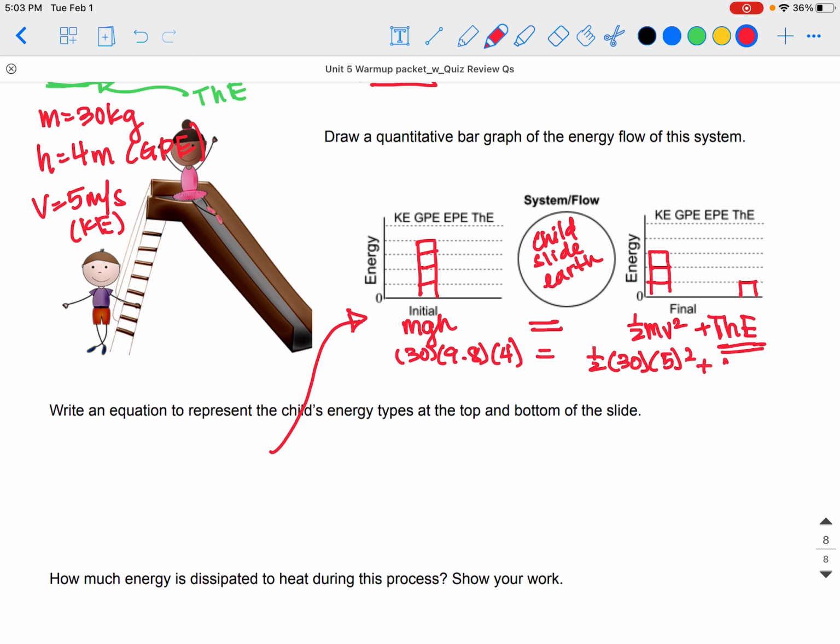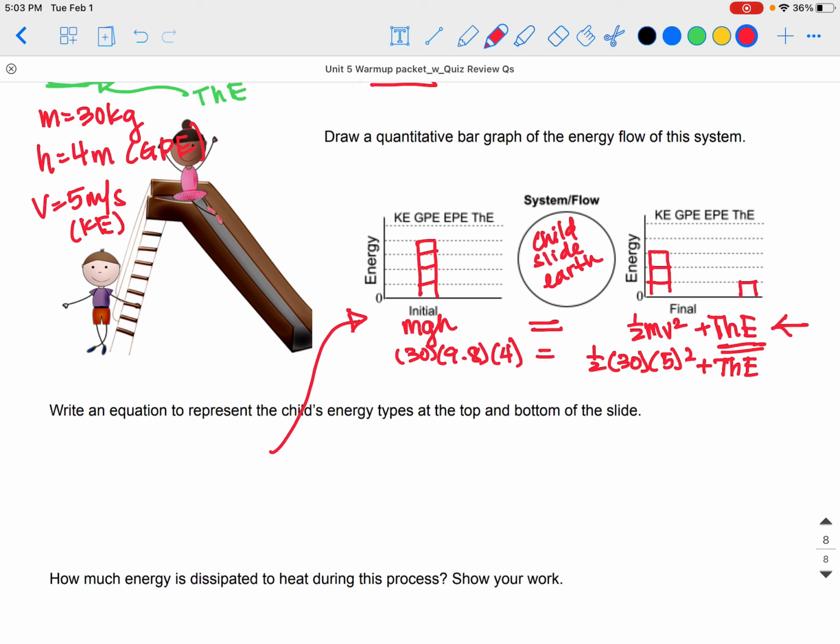I'm still going to add the thermal energy in there. One thing I want to emphasize is you cannot cancel the mass here. The reason you can't cancel the mass is because you're adding thermal energy to this side of the equation, and the only time you can cancel mass is if you can divide the mass out of both sides, but because of this thermal energy, it's not able to cancel out.